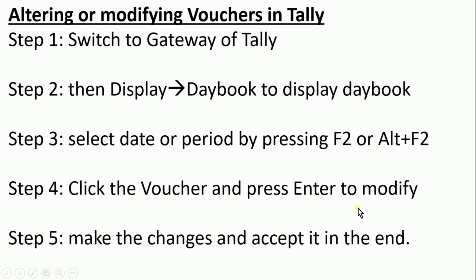Okay, sometimes there may be a question how we can alter or modify vouchers. Remember, step 1, switch to gateway of Tally. Step 2, display daybook. Step 3, select date or period by pressing F2 or Alt F2. Step 4, click the voucher and press enter to modify, make the changes and accept it at the end, maybe by pressing Ctrl A.